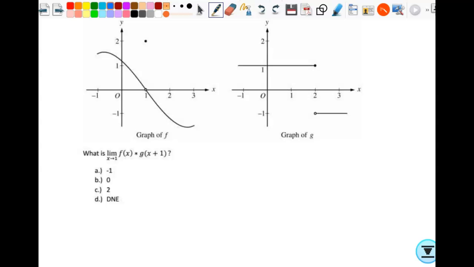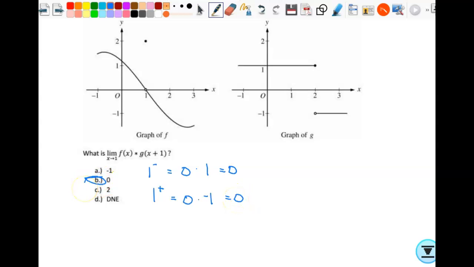We'll just do 1 from the left and 1 from the right. Both of them are 0 each time.